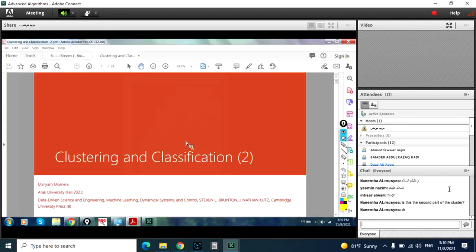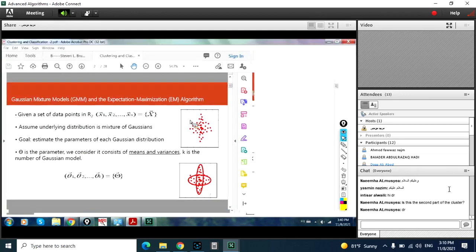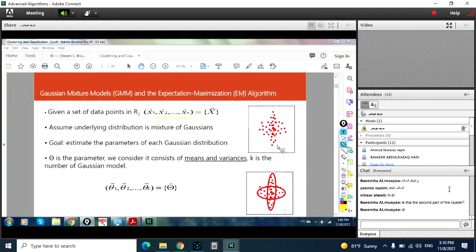Consider that we have some data like this, and we call it X. We want to fit a Gaussian model to this data, and our goal is to estimate the parameters of this Gaussian distribution.